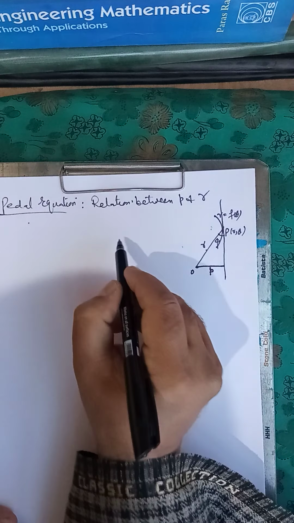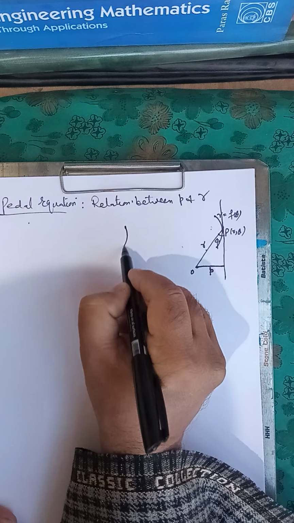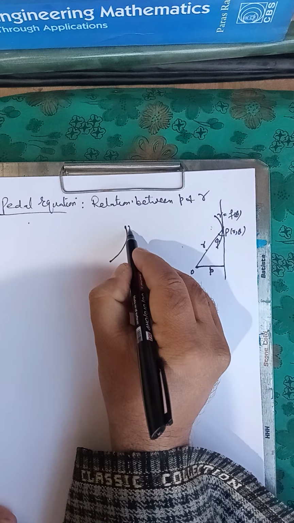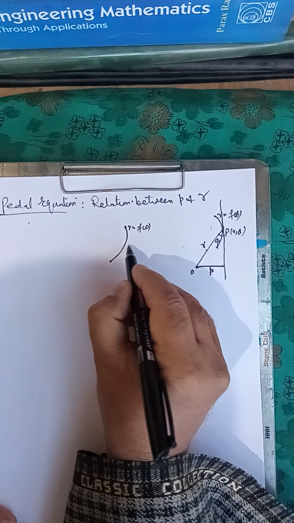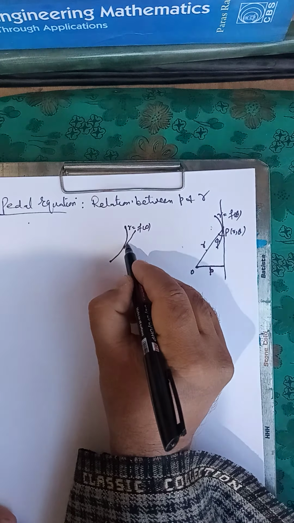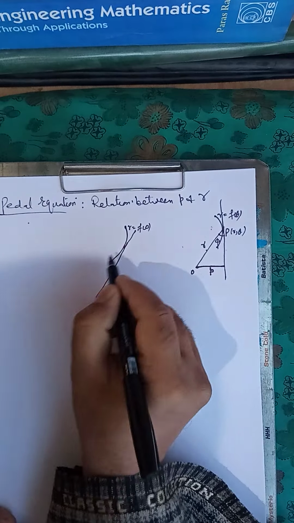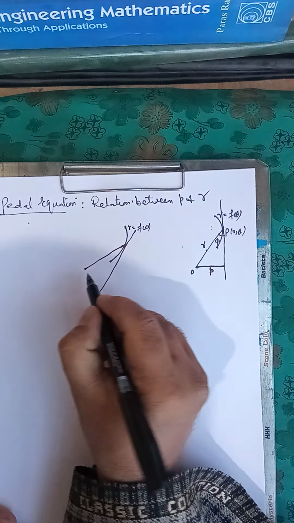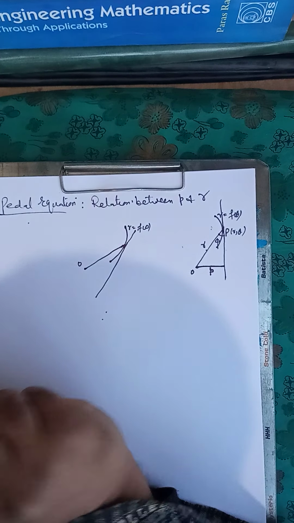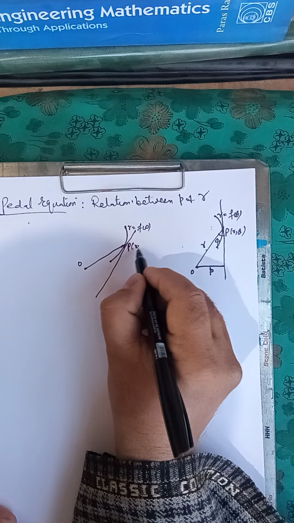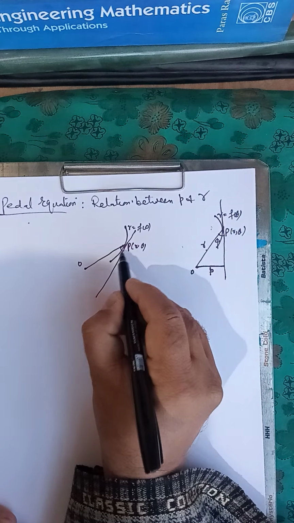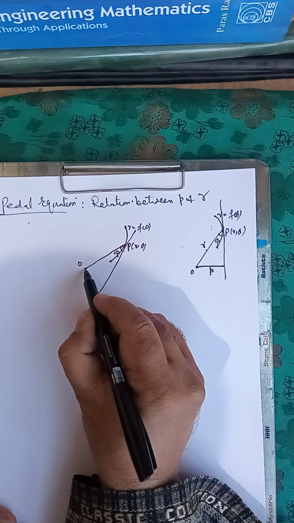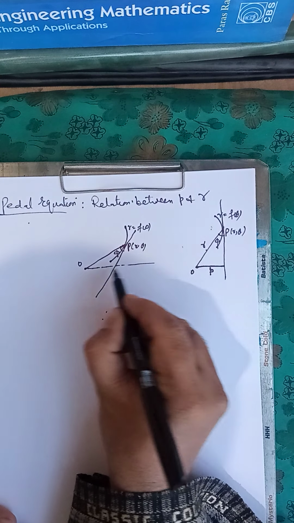If I take a curve like this, r equal to f of theta, this is the tangent to the curve. This is the pole. This is the point P(r, theta). This is the angle between the tangent and the radius vector. This is the initial axis.